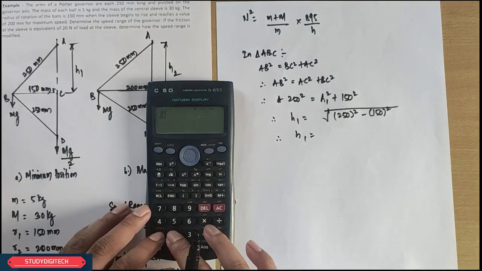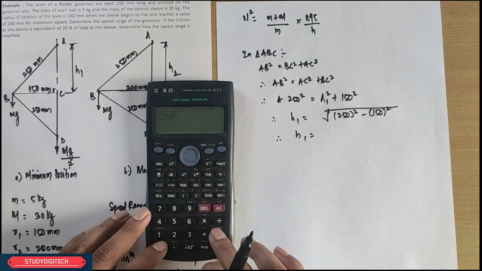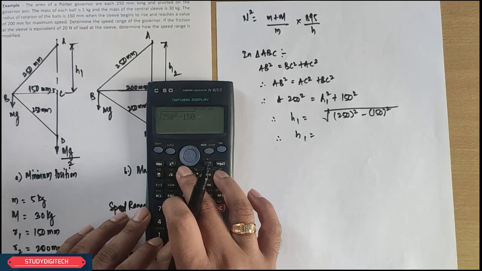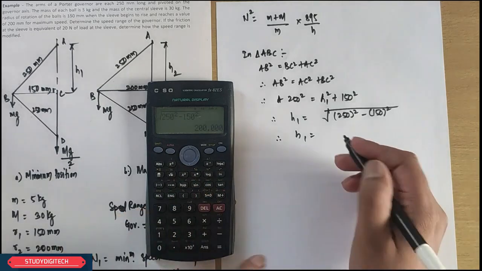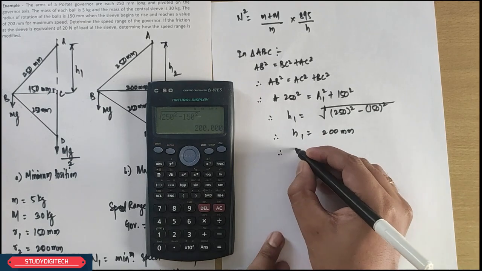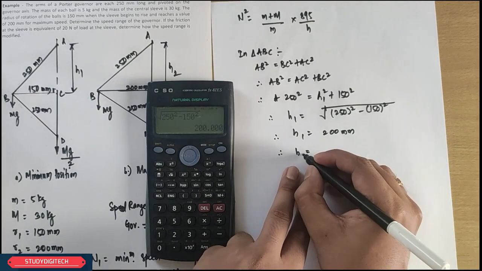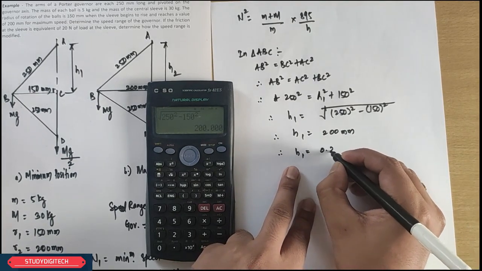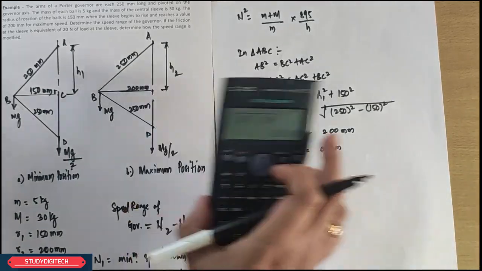This value is 200 mm. So the height h1 in meters will be 0.2 meter for minimum position.